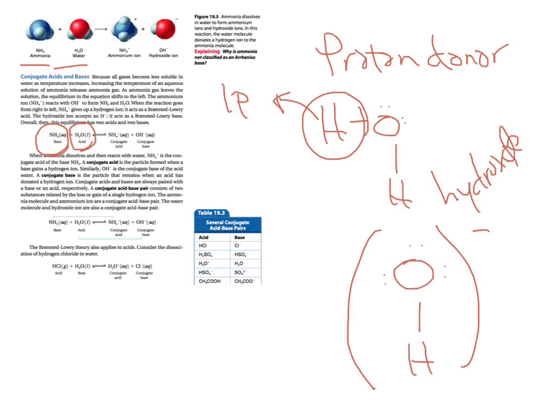And you're going to have this one proton, which is going to be my H+. So that's why water can act at times as an acid. It can also act as a base, depending upon the situation. So this is why water is my acid, or my proton donor.